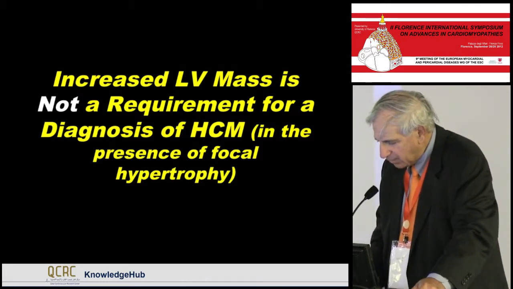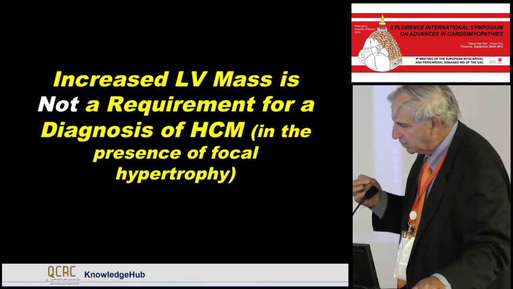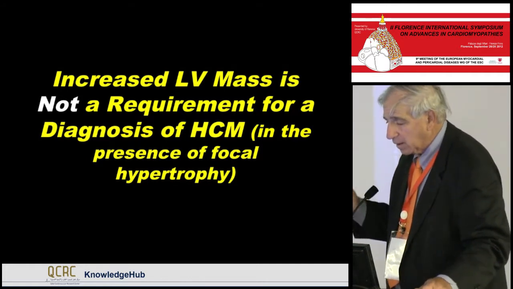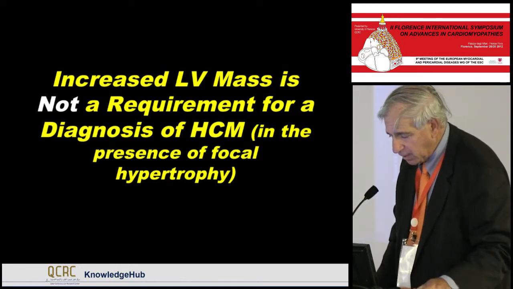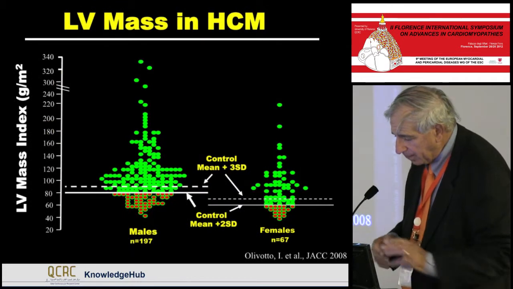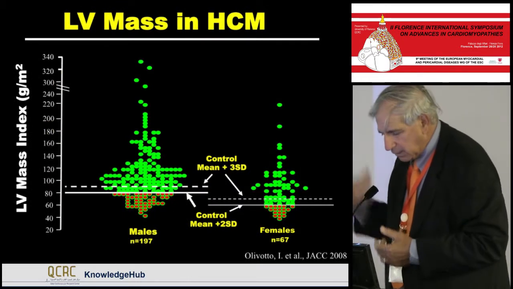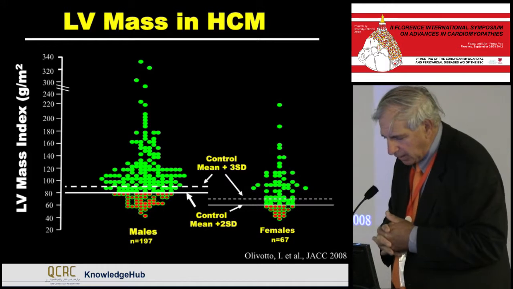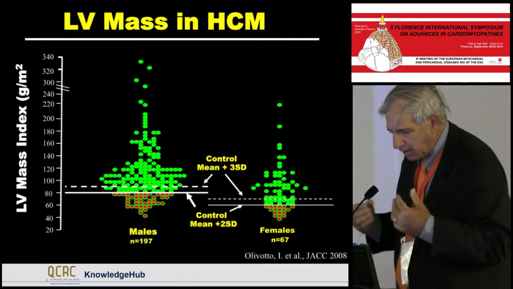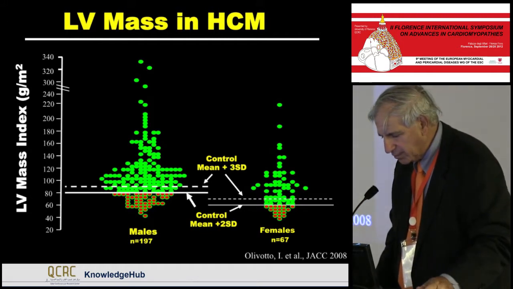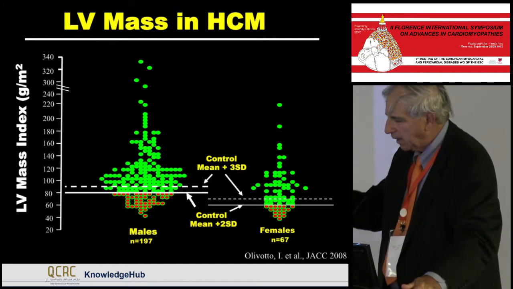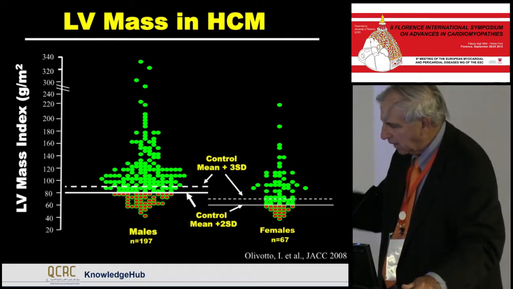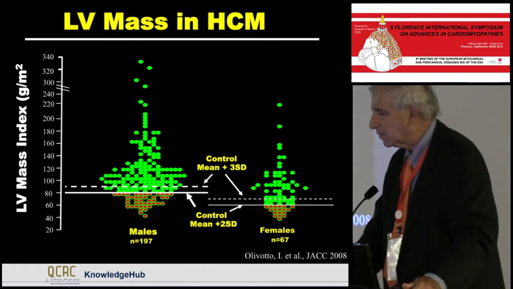There's probably going to be a lot of relevance to measuring left ventricular mass. This is something that CMR can do that echocardiography cannot do in hypertrophic cardiomyopathy. It turns out this is Jacopo Lovoto's work, and it was interesting that there was a substantial minority of patients, about 20%, with hypertrophic cardiomyopathy who had normal, calculated, indexed left ventricular mass.